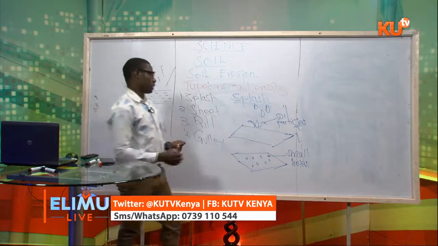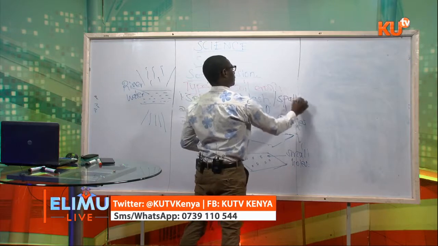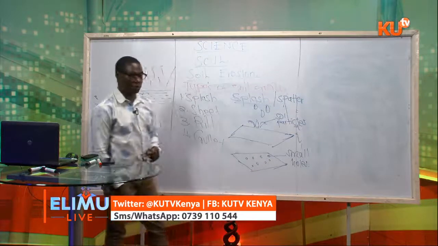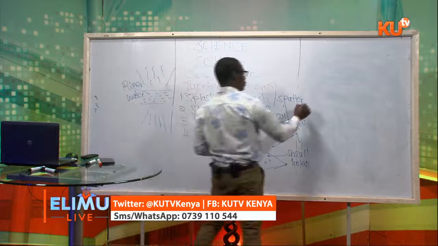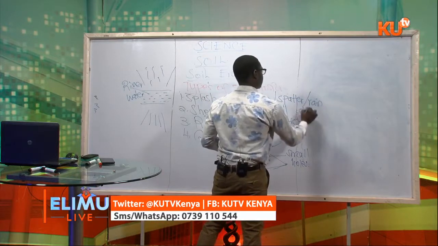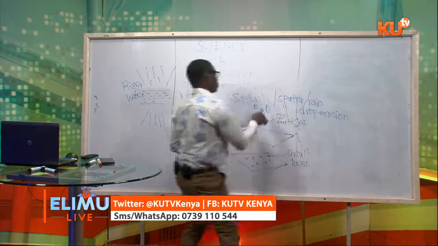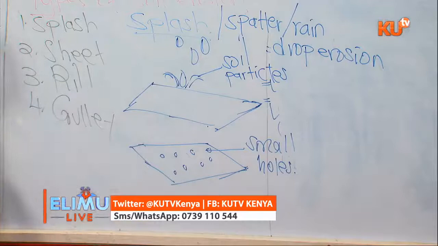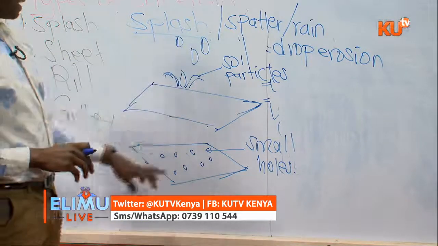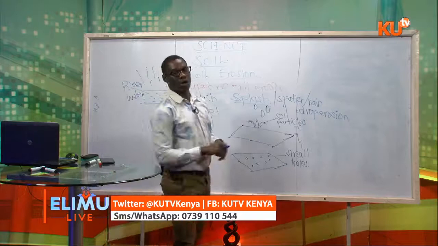Splash erosion is also called spatter erosion, or raindrop erosion, depending on the book. It occurs due to raindrops falling and displacing the soil particles. It is mostly found below the rooftops of buildings.